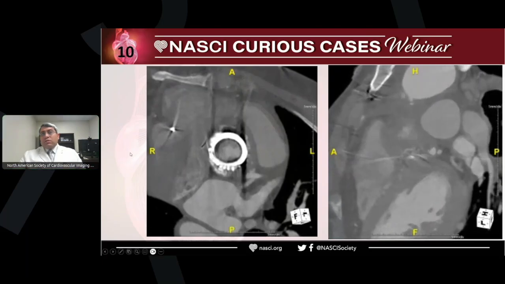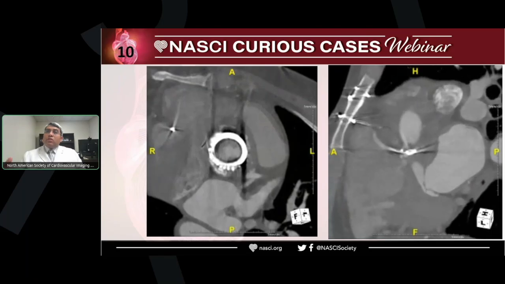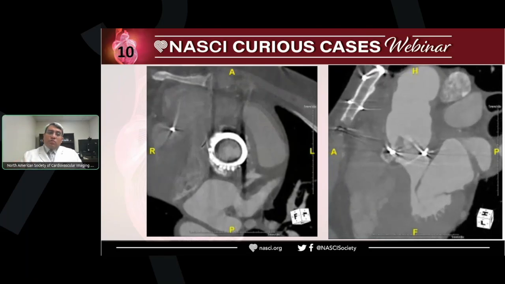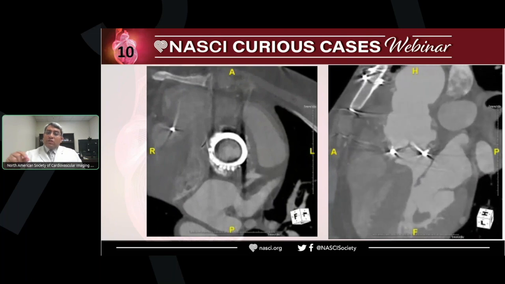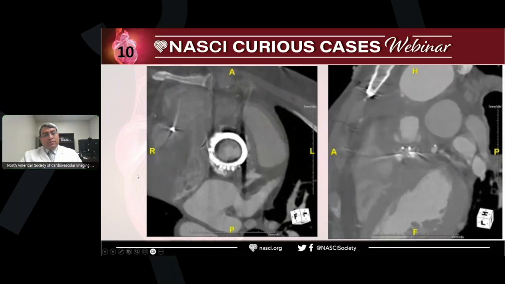We call this a paravalvular leak, or sometimes, if the sutures are dehiscent, suture dehiscence following surgery with pseudoaneurysm or leak around the implanted valve.